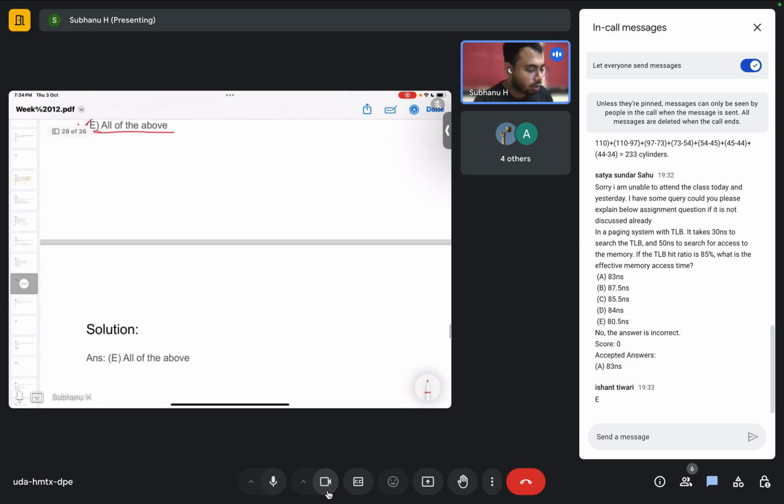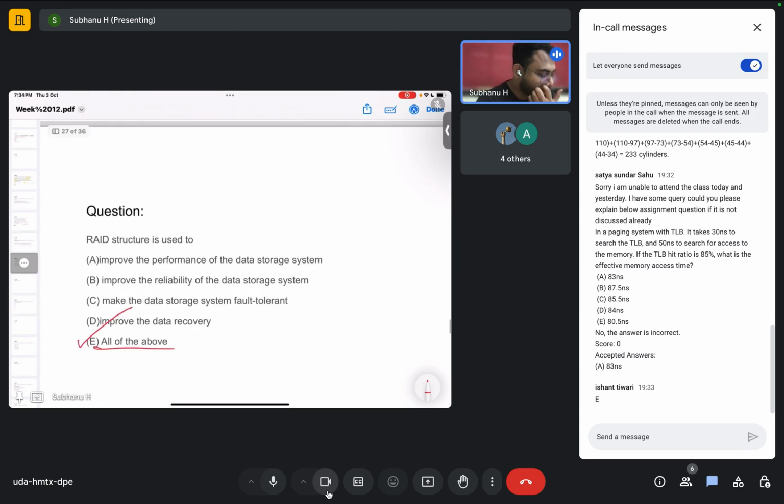So all of them is the correct answer. Okay. So data structure is used to improve the performance of the data storage system, improve the reliability of the data storage system, and make the data storage system fault tolerant.